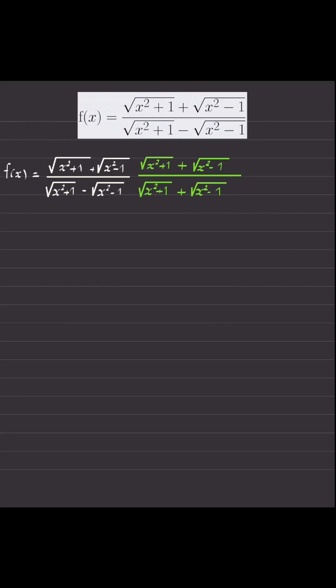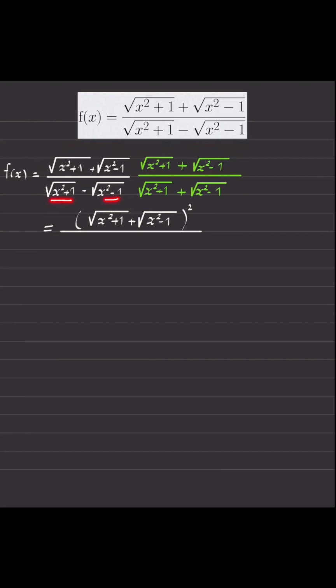You will see the benefit of doing this, because now this numerator, when multiplied with this numerator, becomes the same numerator squared because they are exactly the same expressions. So this becomes square root of x squared plus 1 plus square root of x squared minus 1, to the power of 2, all divided by the denominator.